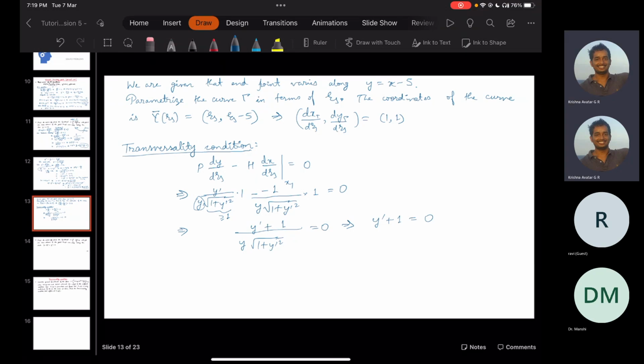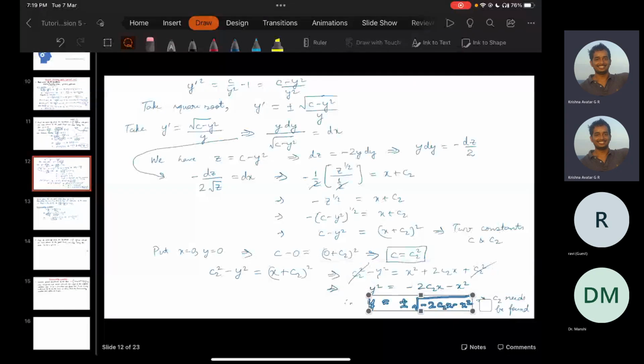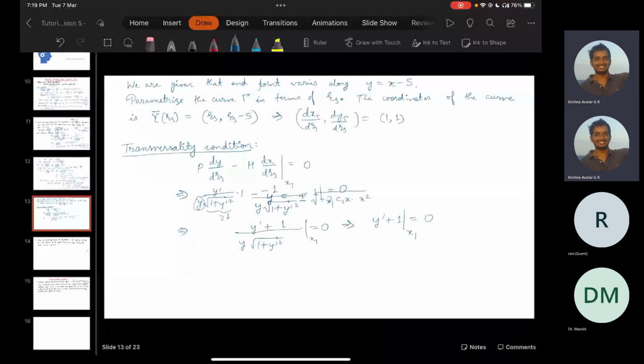So let me just write. y prime is equal to plus minus 1 by 2 into minus 2c2x minus x square, and then the derivative of the quantity under the square root.